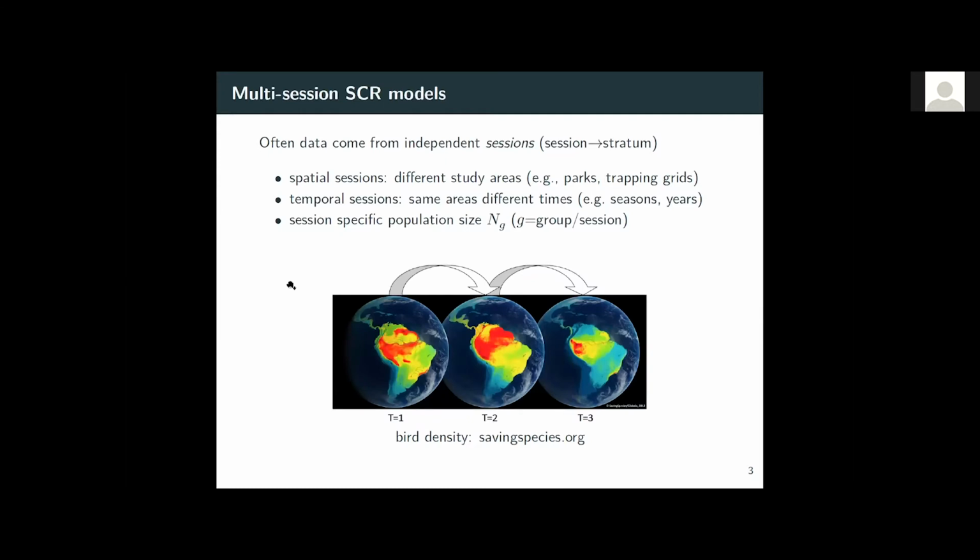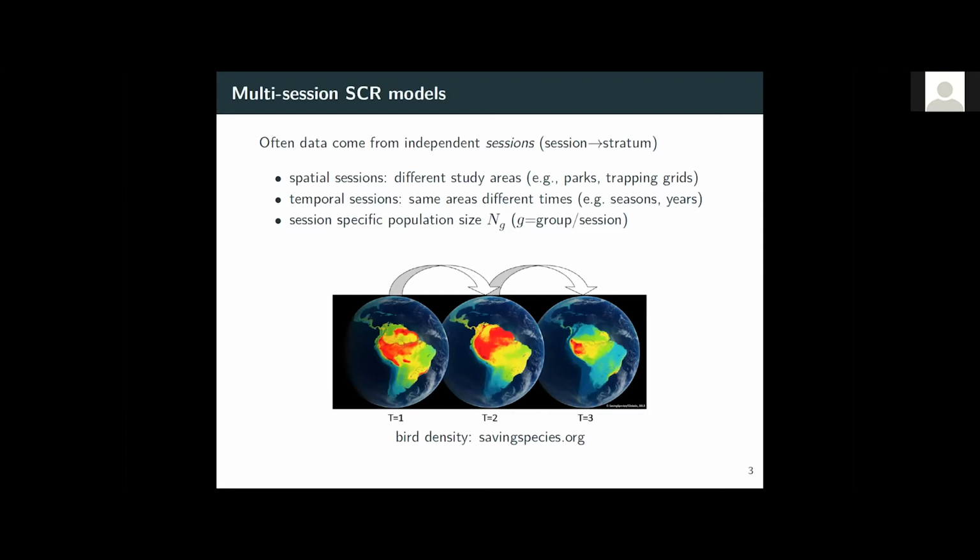We can also think about sessions as being temporal sessions. Sometimes you might be monitoring a population over time, from one year to the next. And we spoke a little bit about this yesterday, where you might be violating the assumption of closure by collapsing 3 or 4 or 5 years together and analyzing it all together.